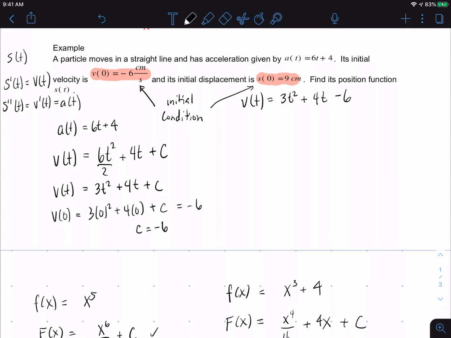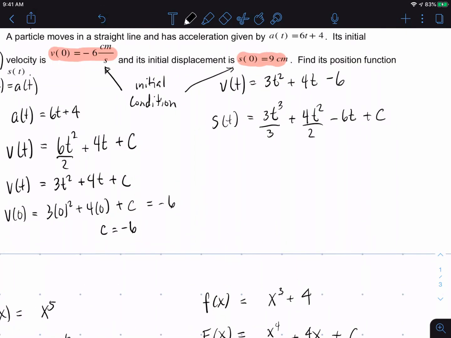Now from here, we're not done. We need to find the position function, and the position function is the antiderivative of the velocity. So s of t is equal to 3t to the third over 3 plus 4t squared over 2 minus 6t plus some constant c.